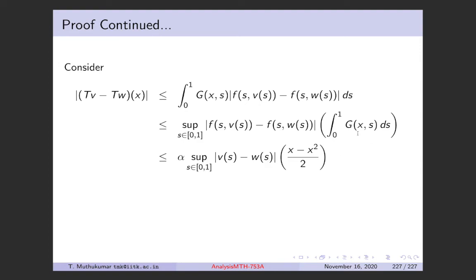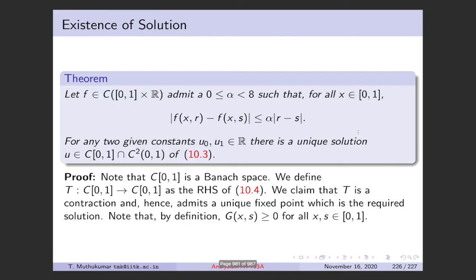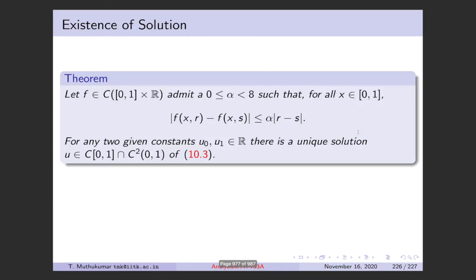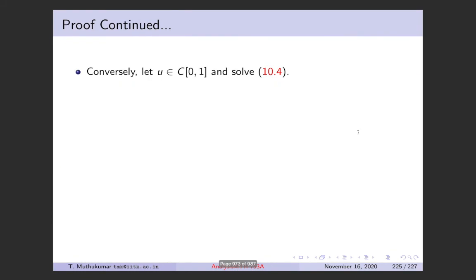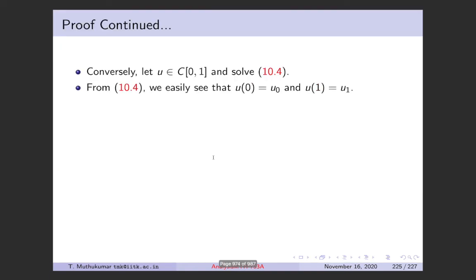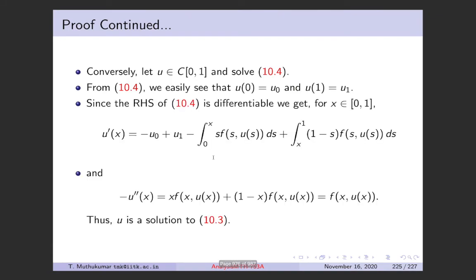And this, if you actually use the formula for G that we have here, you are integrating over this. If you integrate over this, you will get a quadratic function.